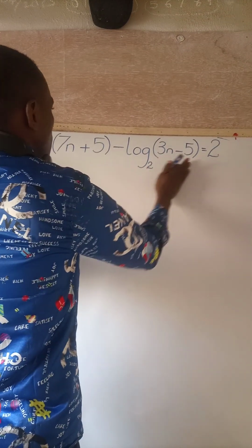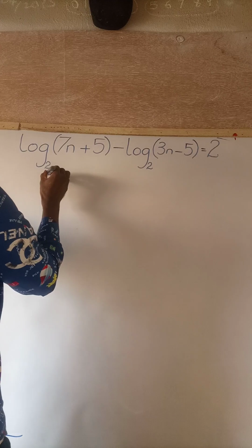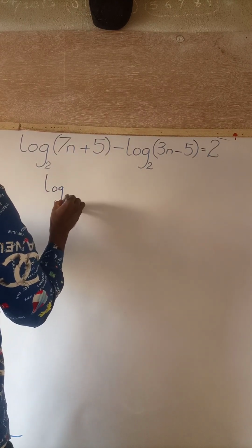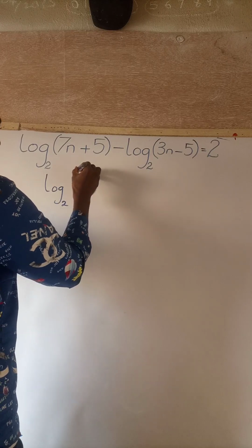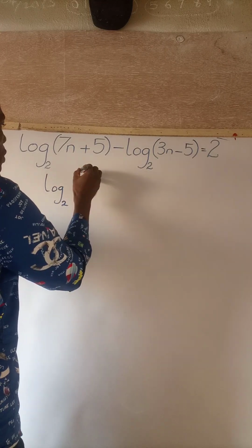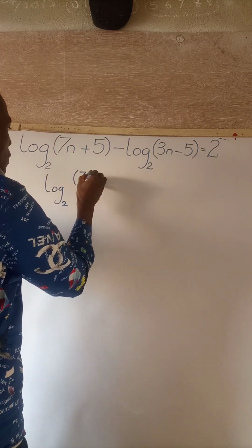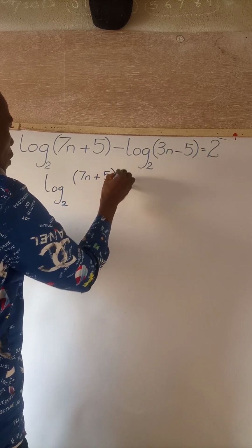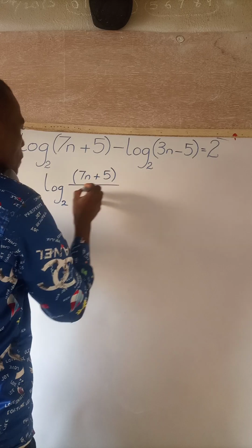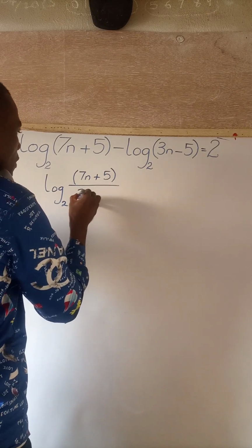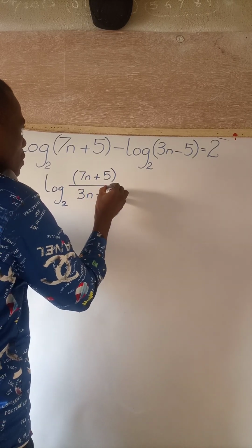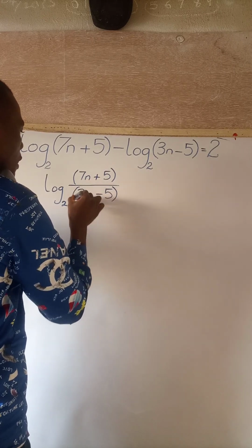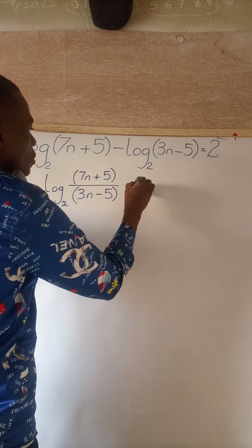So automatically this will become log in base 2, and this first one will form the numerator, 7n plus 5, all over 3n minus 5, all in bracket, which is equal to.